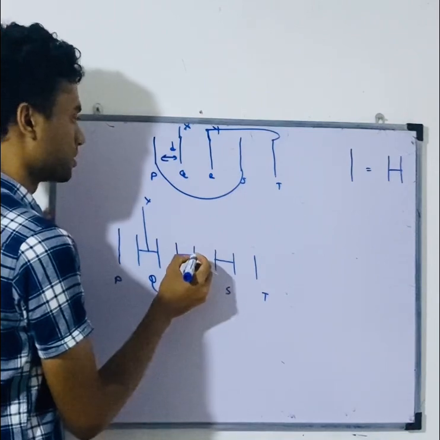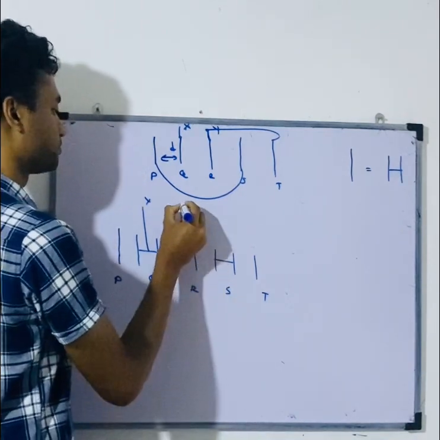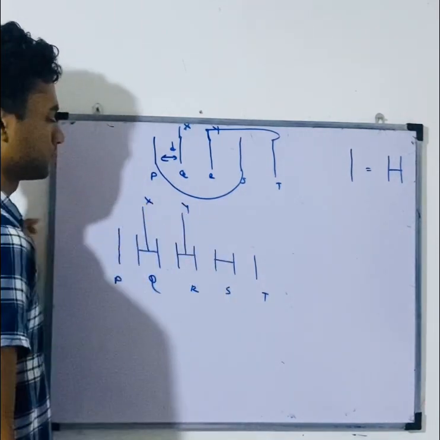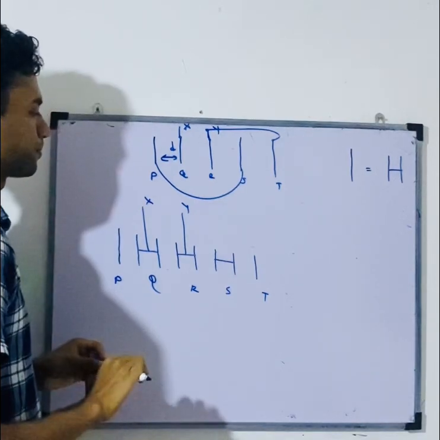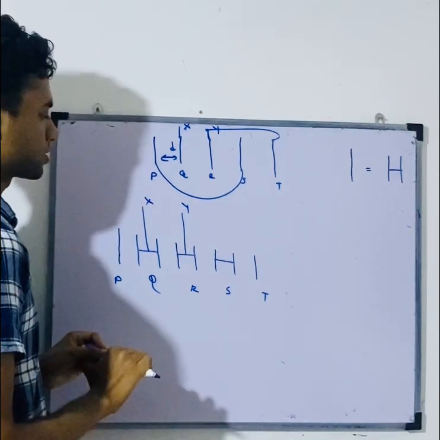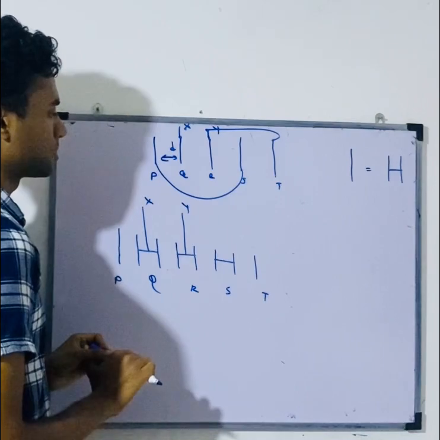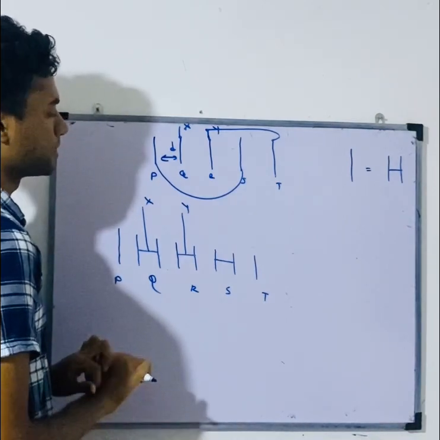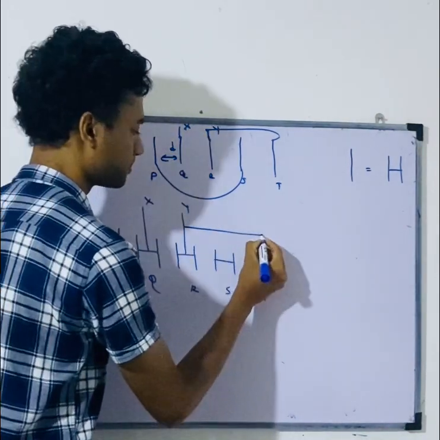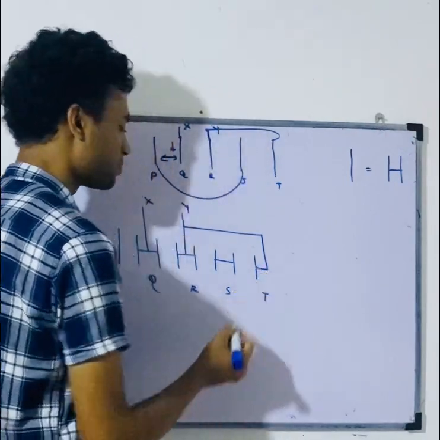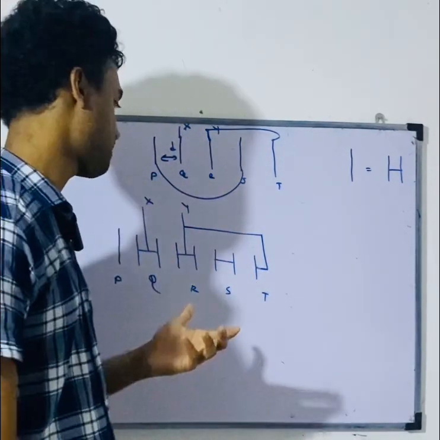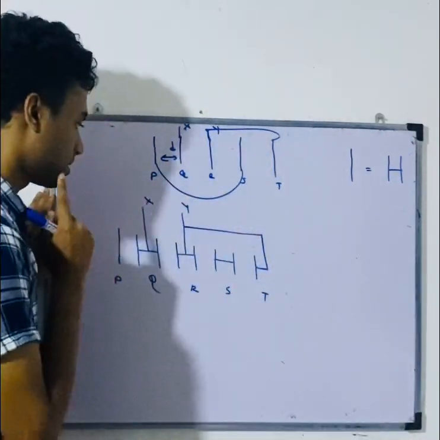Y is connected like so. Okay, what can we do? And also there's another connection. R is connected to T. Therefore I can connect it like this. Now it looks more familiar, right? Okay, what can I do?